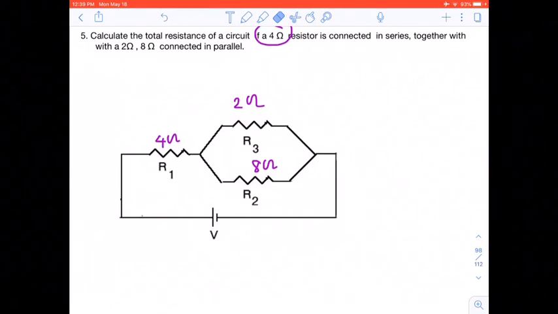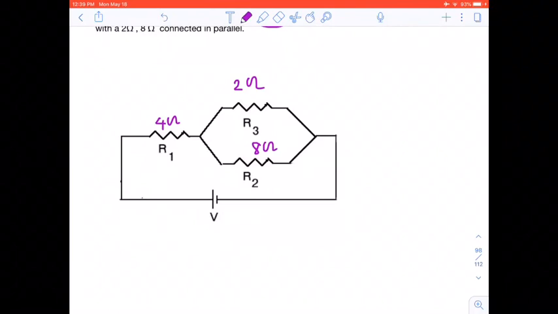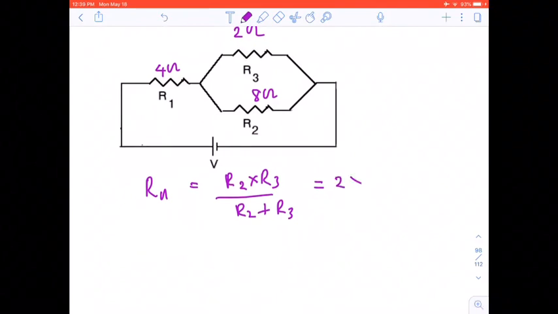We have here in this situation now, if we want R across a parallel branch, R across a parallel branch would be R2 times R3 over R2 plus R3, which is equal to 2 times 8 upon 10, which is the same as 16 upon 10, which is equal to 1.6 ohms.